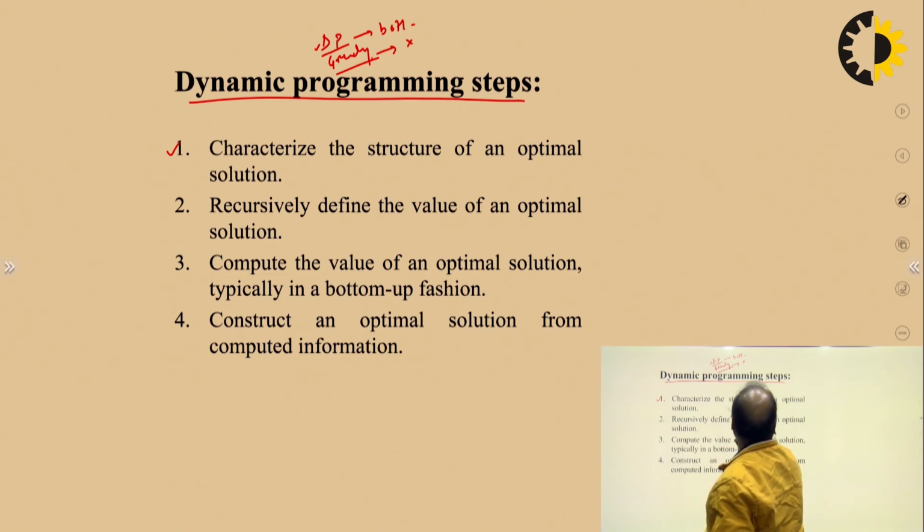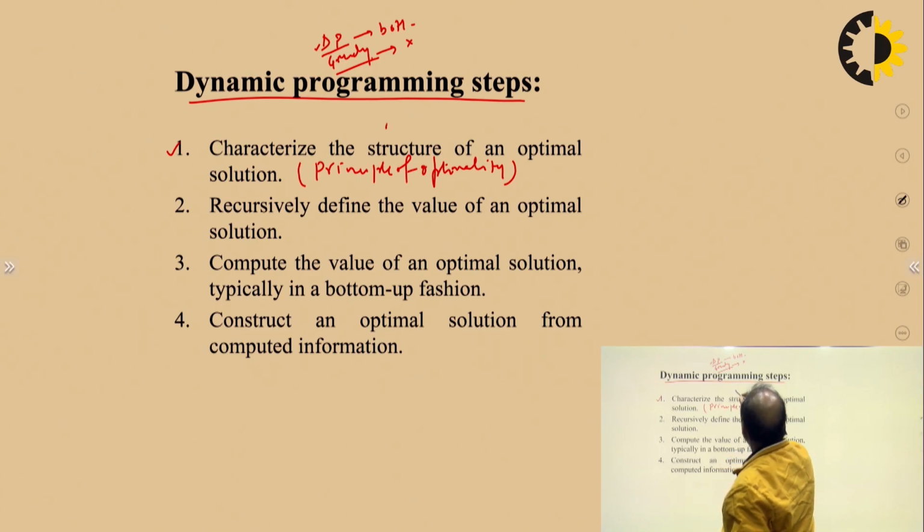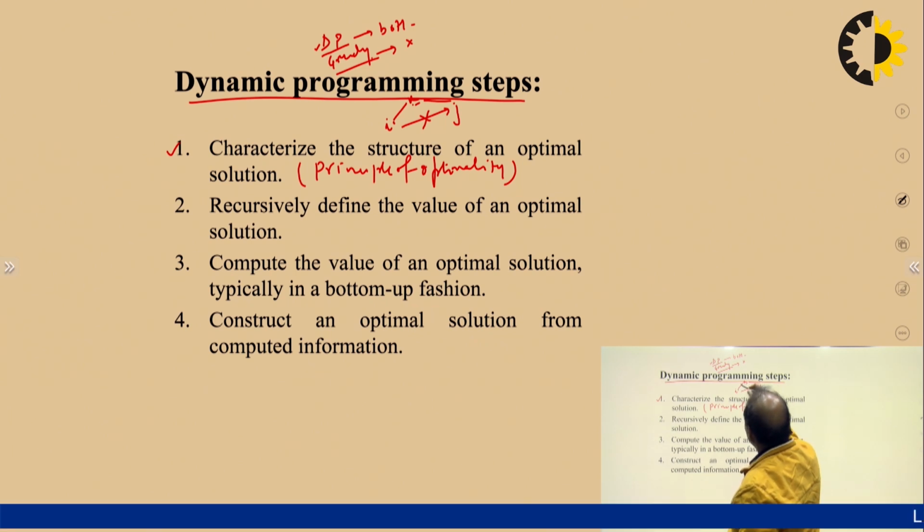While characterizing the structure of an optimal solution, we should always make sure that the principle of optimality is holding. That means if you are going from I to J via K, and this is not the direct path, then there is definitely a shortest path K, such that you can go from I to K and then K to J. The optimality principle says that if you are choosing any alternative path, this part is also optimal, and this part is also optimal.